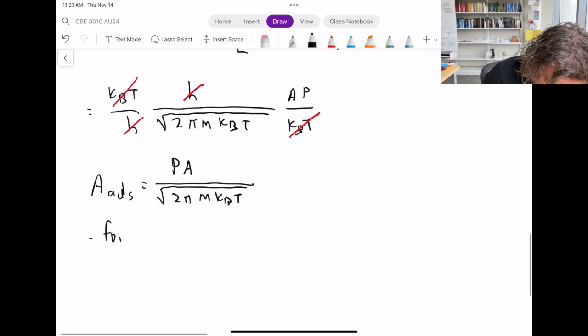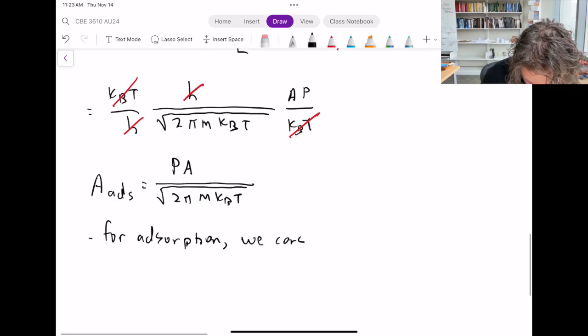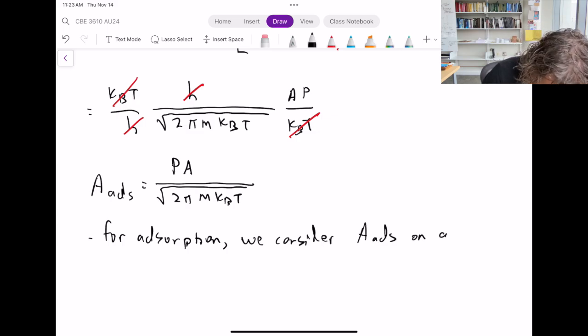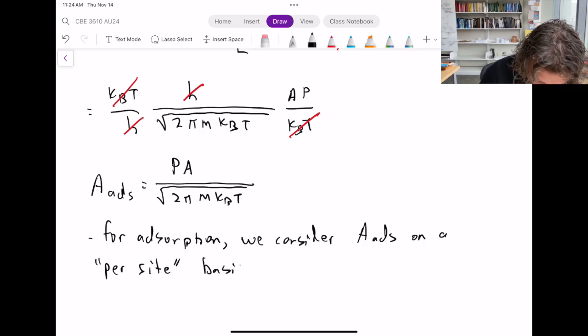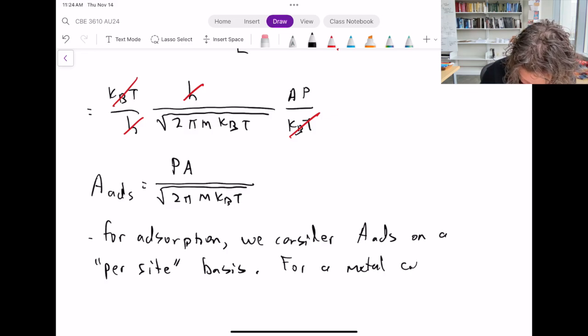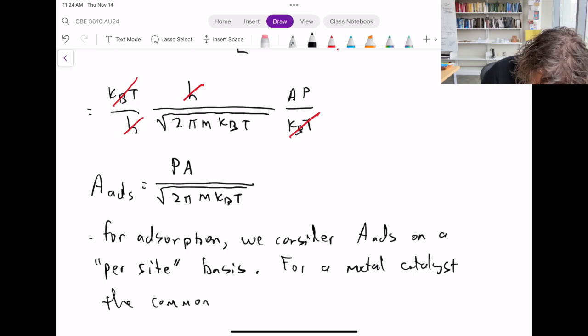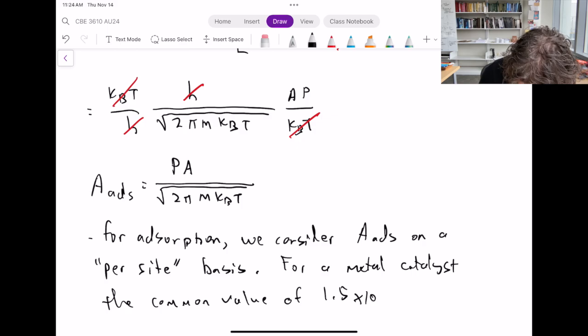For adsorption, we consider A_ads on a per site, so per catalyst site basis. For a metal catalyst, the common value of 1.5 times 10 to the 19 sites per centimeter squared is often used.